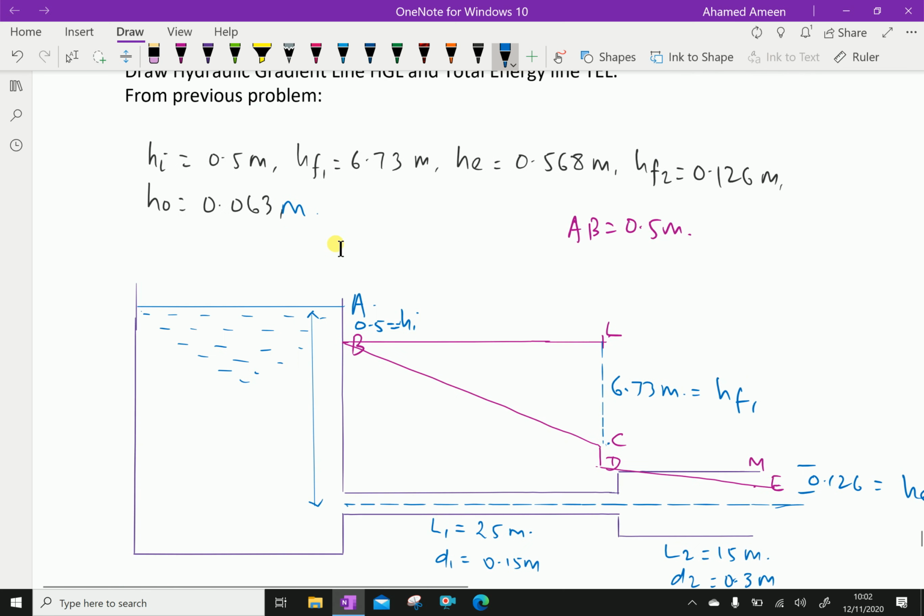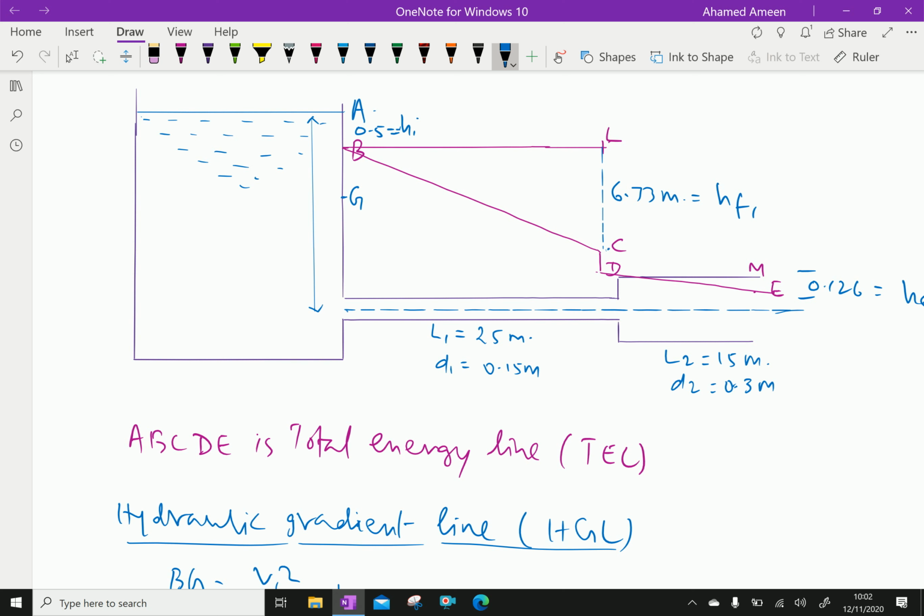That is the kinetic head, 1 meter, so we take the point G. And from C drop a perpendicular to the point H.